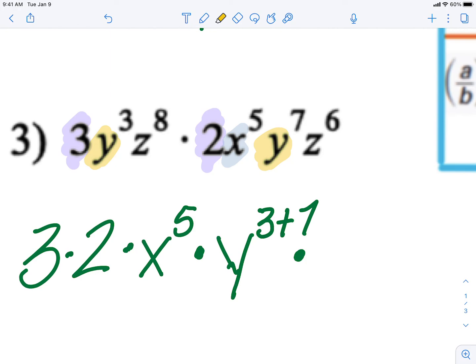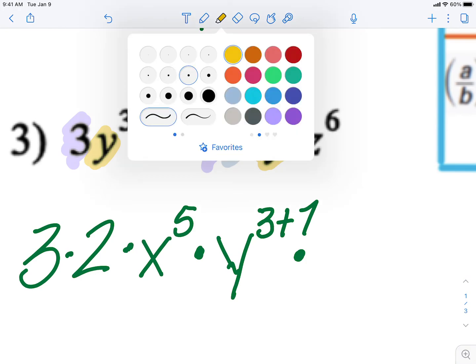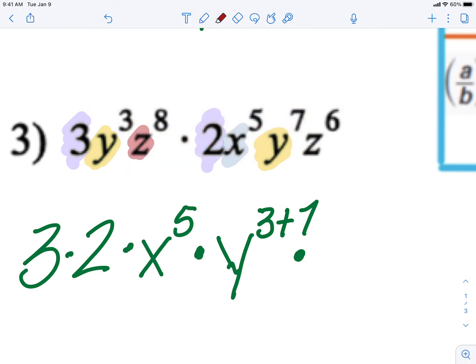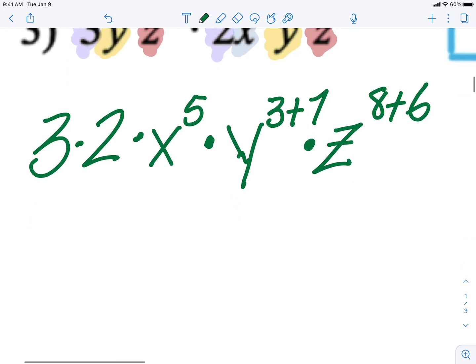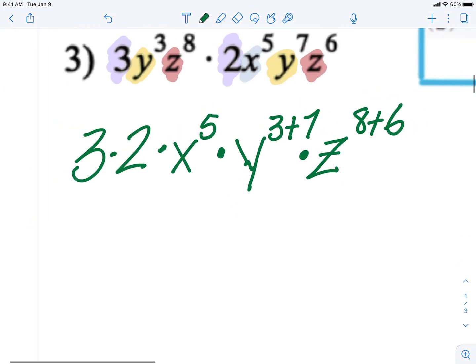Times, I have one more letter that I haven't highlighted yet. I have this z here and this z here. Since I'm multiplying, I can just write z, and with the exponents, I'm going to say 8 plus 6. And there you go. Now, let's simplify.